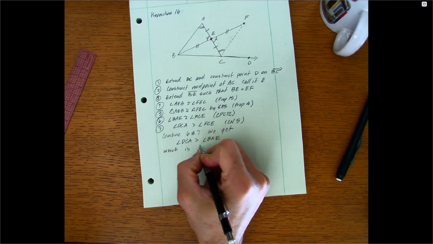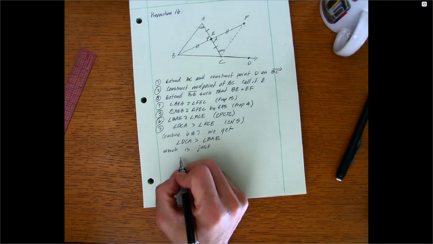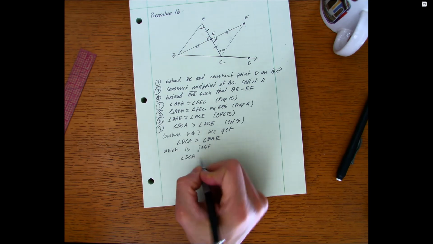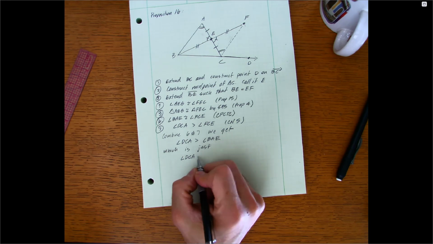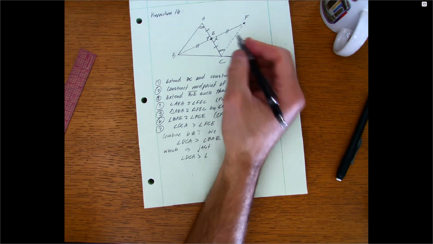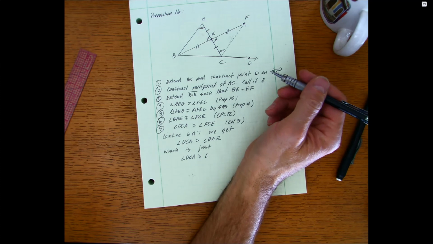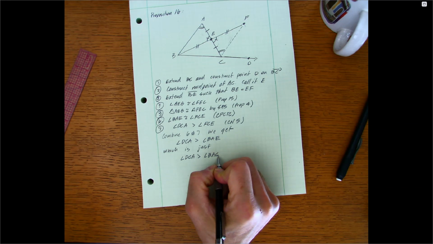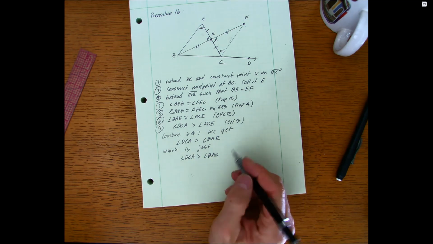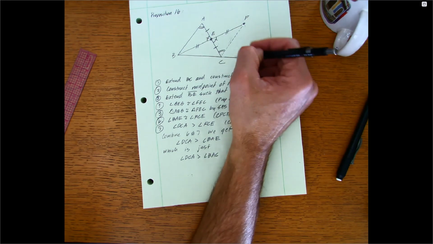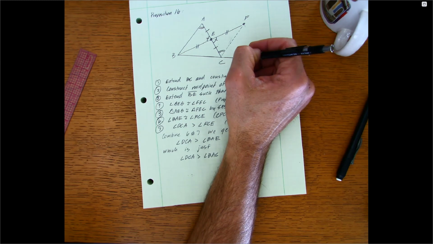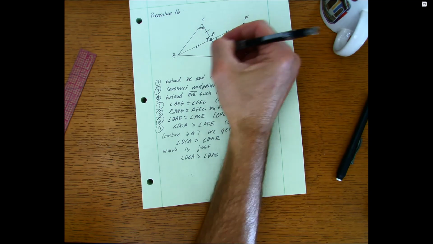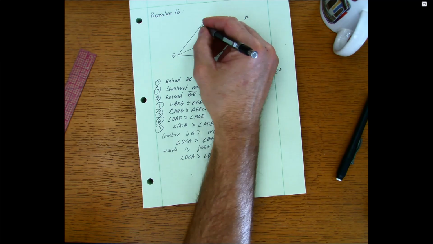Which is just that angle DCA is greater than angle, instead of BAE, it's the same thing as BAC, right? So what have we shown? We've shown that DCA, this exterior angle out here, has got to be greater than BAC, that remote interior angle. So this one exterior angle to the triangle is certainly greater than A.